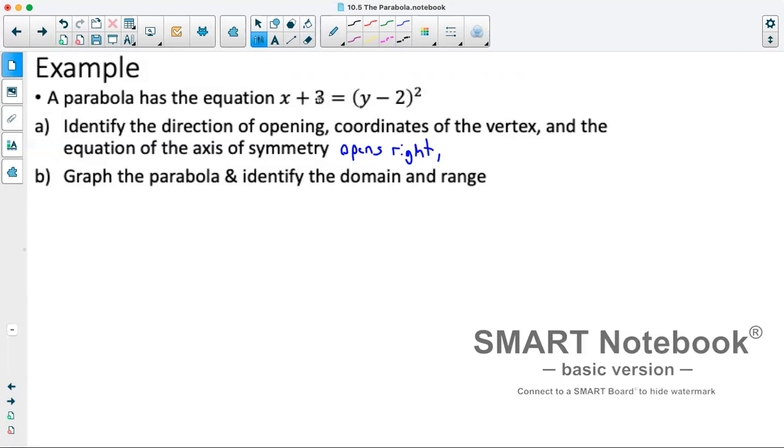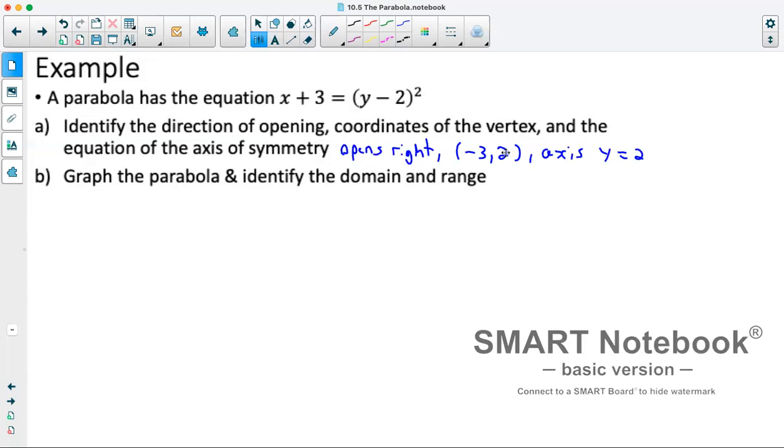Coordinates of the vertex, we just reverse each of these, so therefore our vertex is at (-3, 2). Our axis is at y equals 2, because it's opening horizontally, so we have a horizontal axis, so we go by our y value at our vertex.